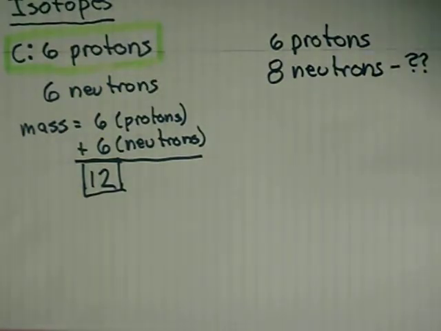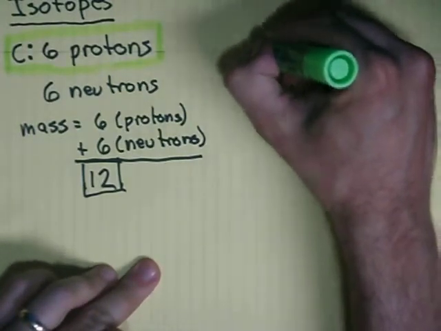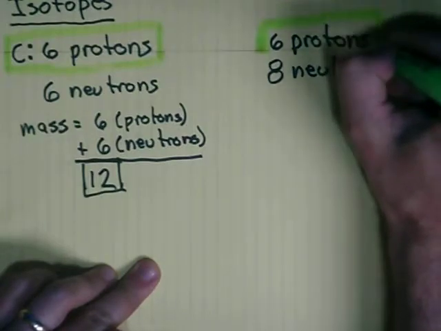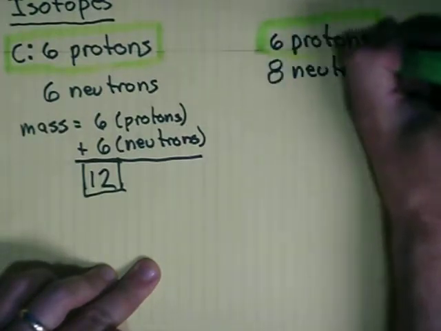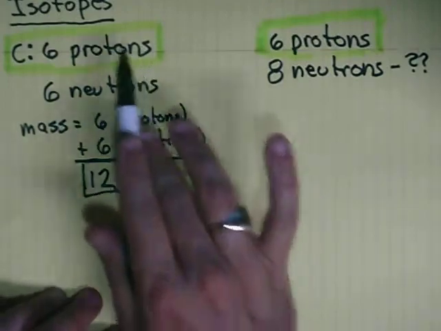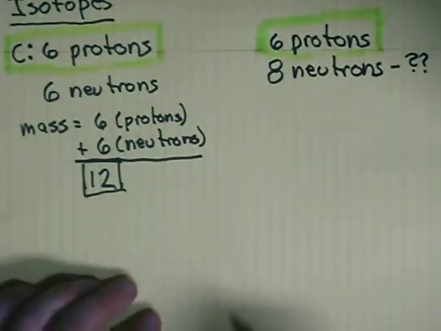Well, here's the first thing we need to look at. 6 protons. So that tells us that it is still carbon. And so this atom will do exactly the same things chemically as this atom over here. Because 6 protons, that's what makes it carbon.